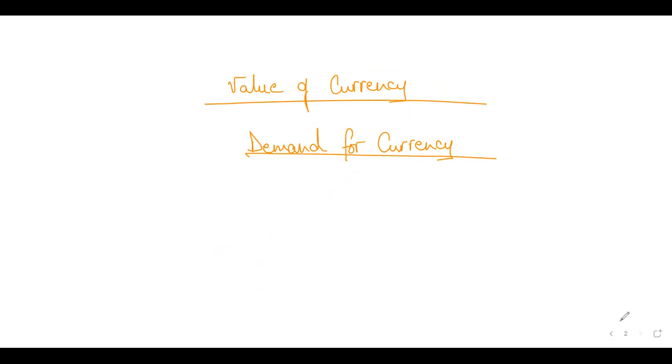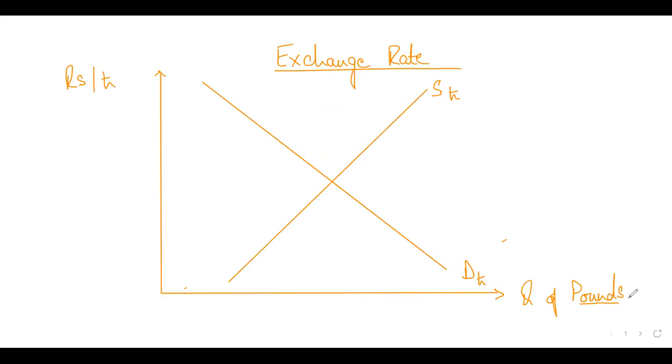So appreciation happens when one of two things happens. Just like any other product in the market, the value of a currency would increase either because there is higher demand for the currency, or because there is lower supply of it.